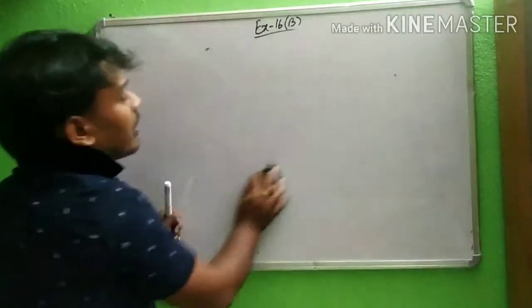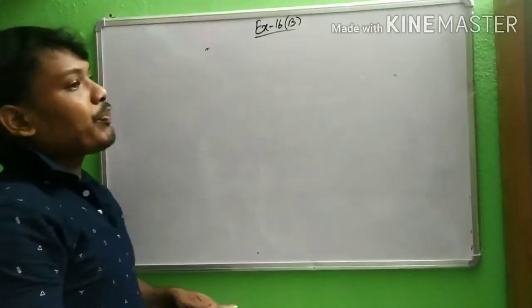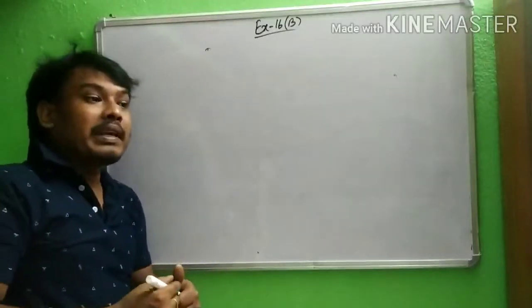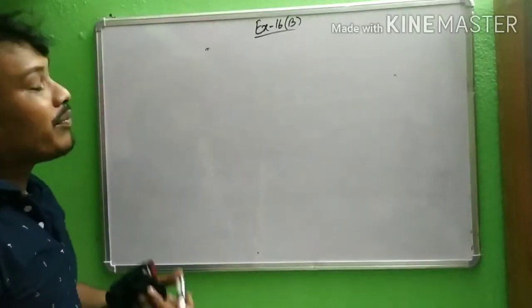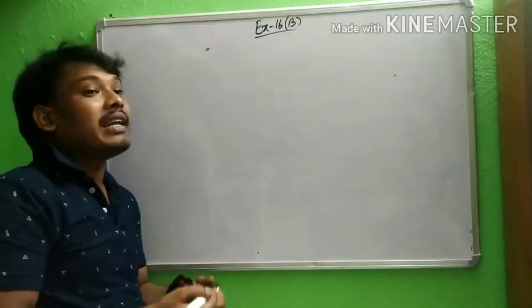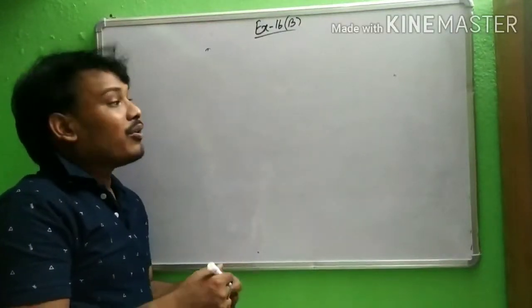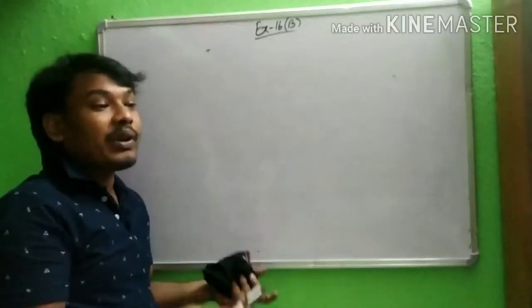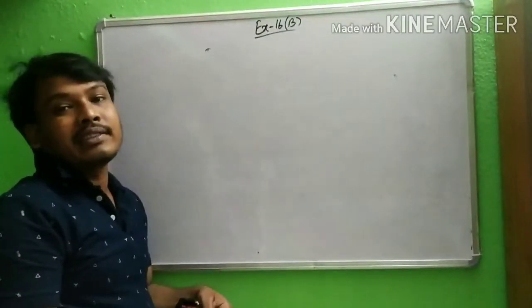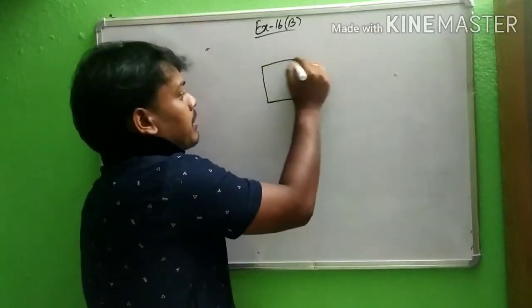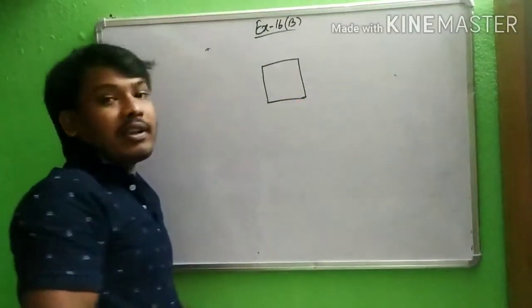Now, for a regular polygon, all sides are equal. Any regular polygon of n sides can be divided into n equal triangles. For example, this square is a regular polygon.